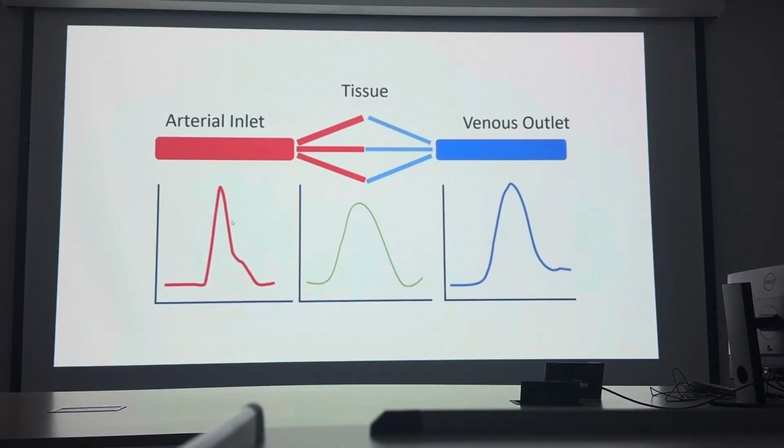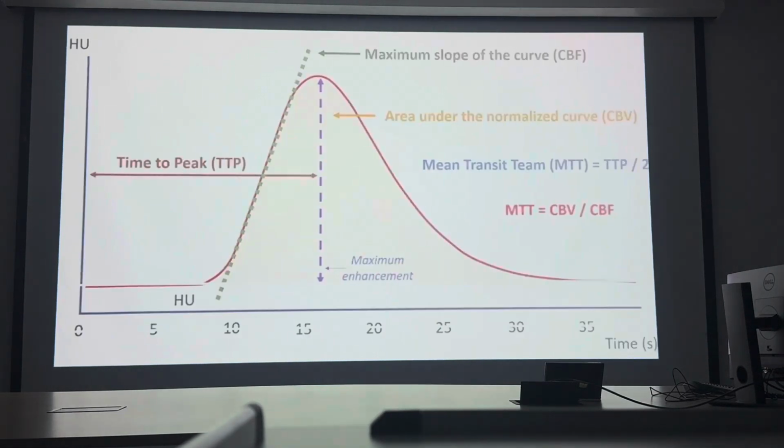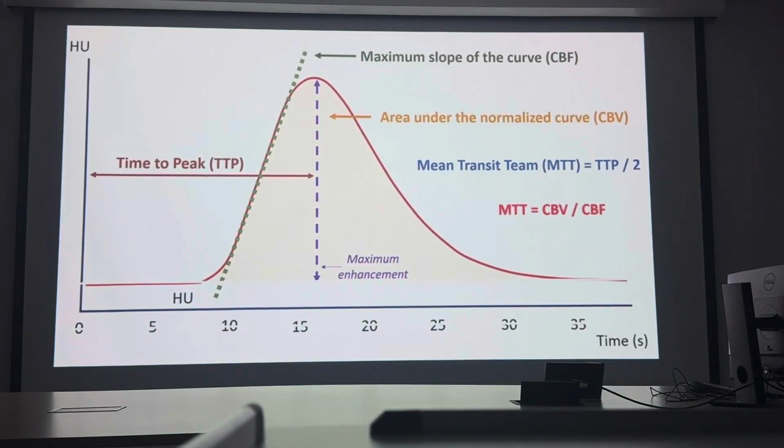For the maximum slope method, if we remember the time attenuation curve, this is the cell parenchyma and capillary network level. This is the artery and this is the vein. Of course, the vein is neglected in our study, and we have the wave for the tissue and the wave for the artery to be analyzed. This is the diagram that all of us can see on the net regarding the calculation of the parameters.